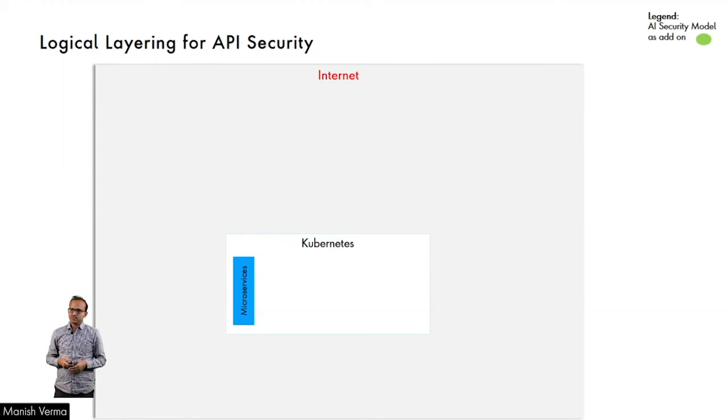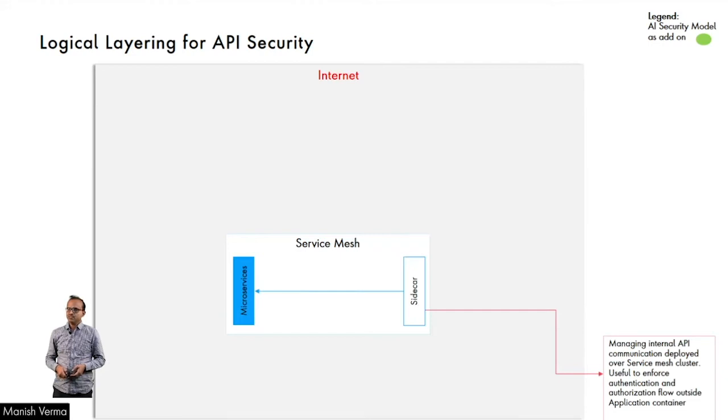So at base, I've shown a microservice deployed in a Kubernetes container. It could be some service on a VM also, but for the sake of the trend, we have picked Kubernetes, for example. I need to secure it. The first thing I do, I bring in a service mesh. We bring in a sidecar proxy. We use service mesh infrastructure features to enforce default TLS, all network-level controls, traffic management, authentication, and authorization.